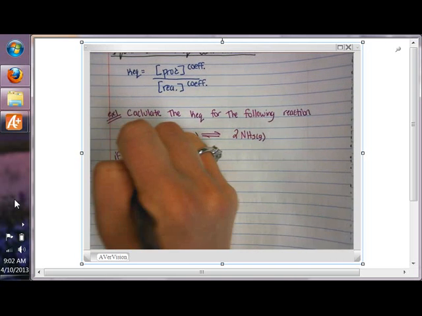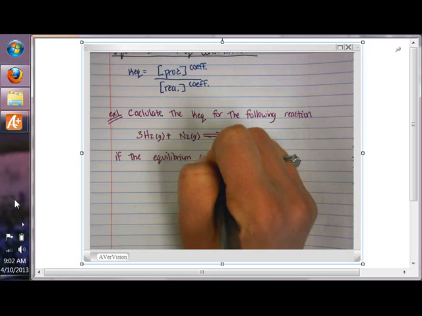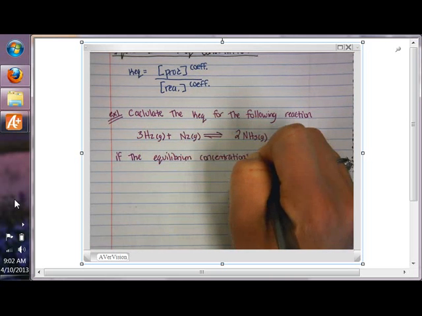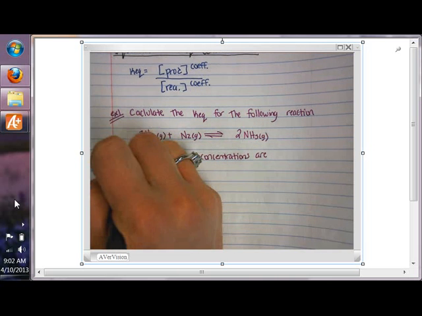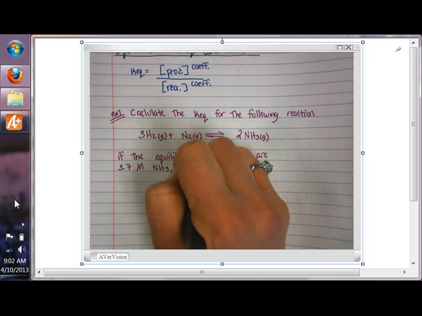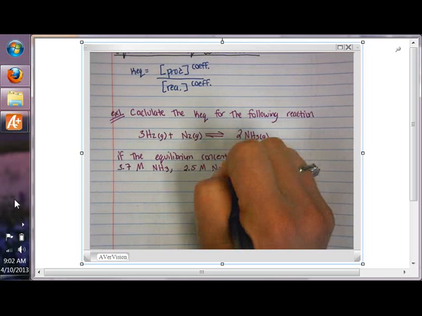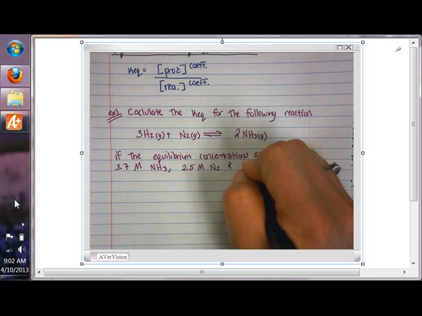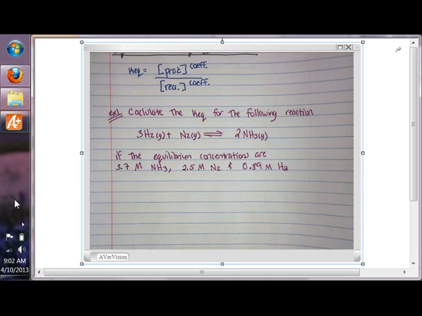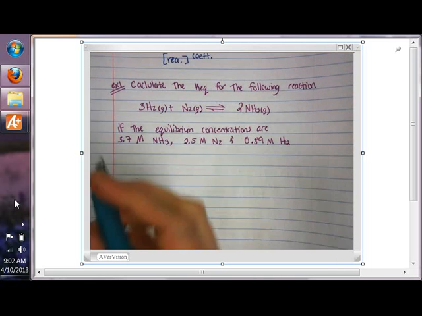If the equilibrium concentrations are 3.7 molar NH3, 2.5 molar N2, and 0.89 molar H2. So the first thing we're going to do is write our Keq expression.